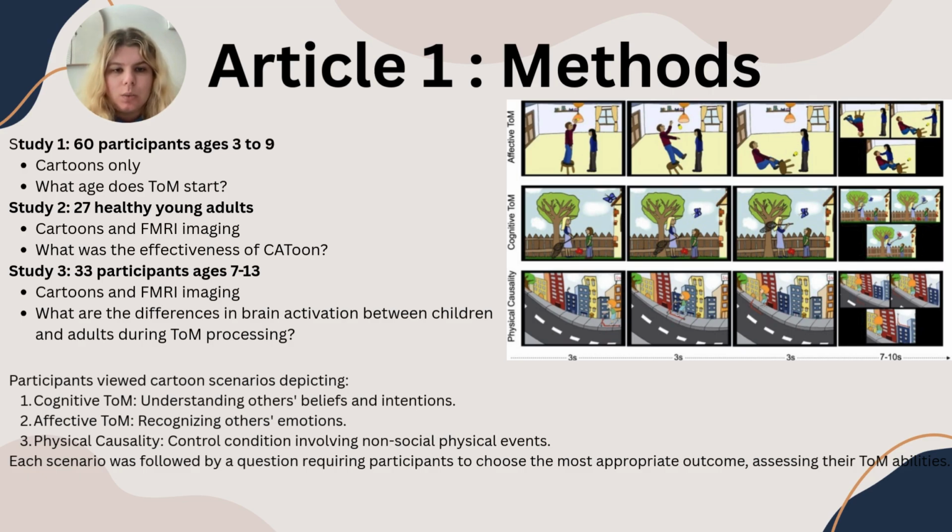So on the right here, you can see it starts with cognitive theory of mind and then goes into the affective theory of mind cartoon, and then lastly the physical cartoon. Each scenario was also followed by a question or questions requiring participants to choose the most appropriate outcome and assessing their theory of mind abilities.